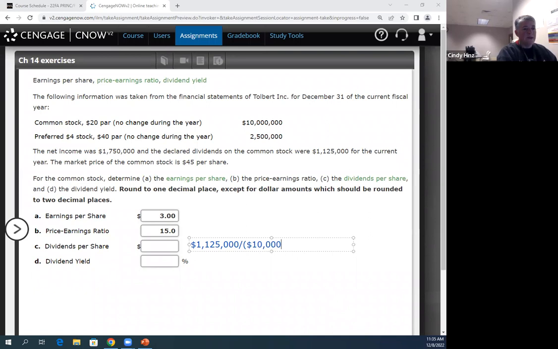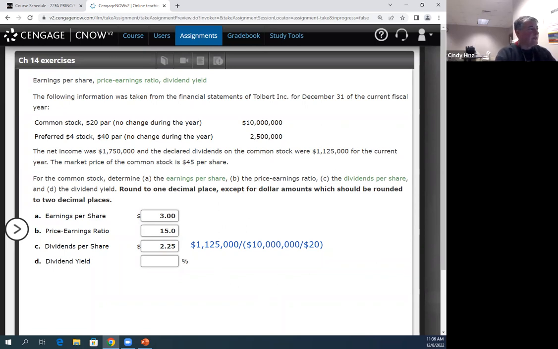If there's $10 million in total par value, and that's $20 per share, so that's 500 total shares. And divide that into the declared dividends on the common stock. I got $2.25 per common share were declared in dividends.